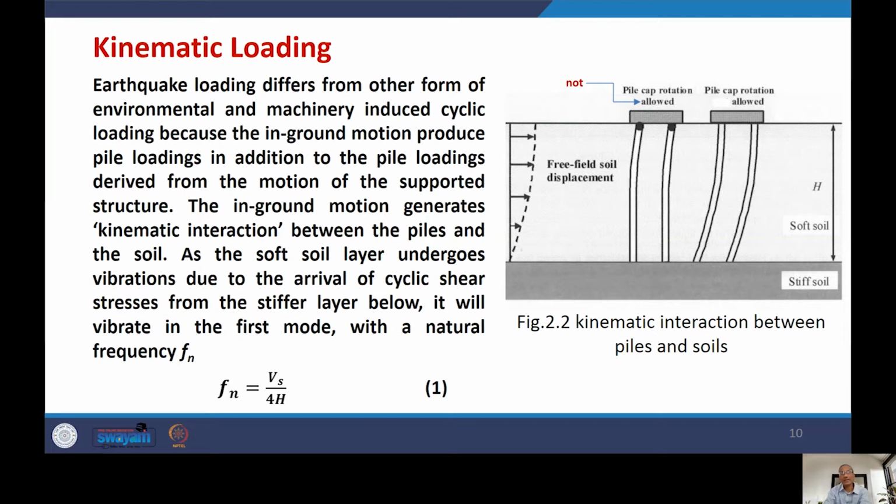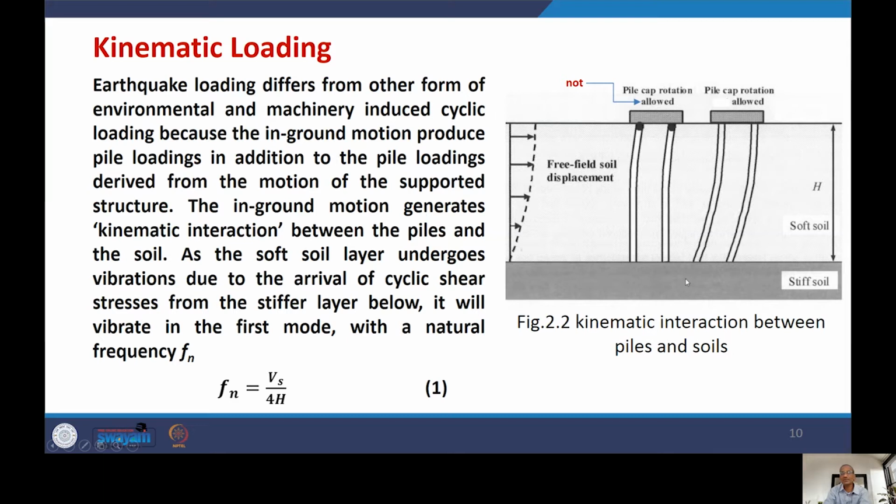As the soft soil layer undergoes vibration due to the arrival of cyclic shear stresses from the stiffer layer below, it will vibrate in the first mode with a natural frequency Fn, which is given by the relation in equation number 1. In this equation, Vs is the shear velocity of the soft soil layer and H is the thickness.